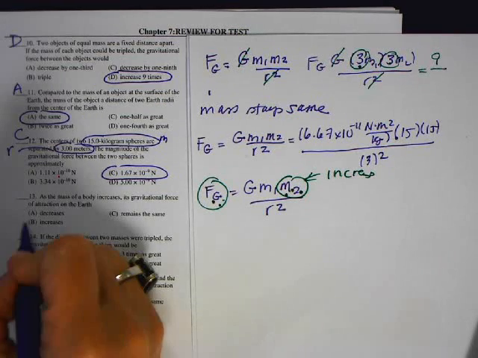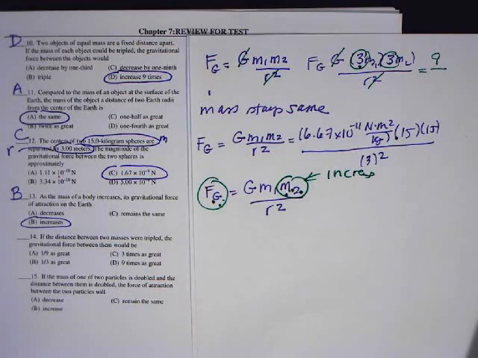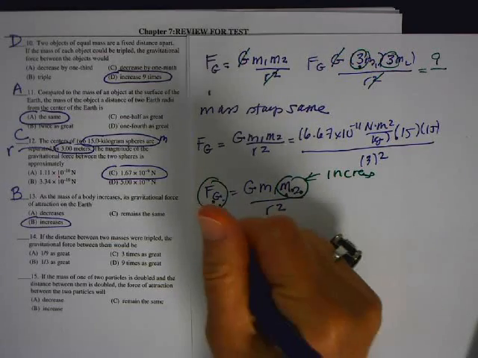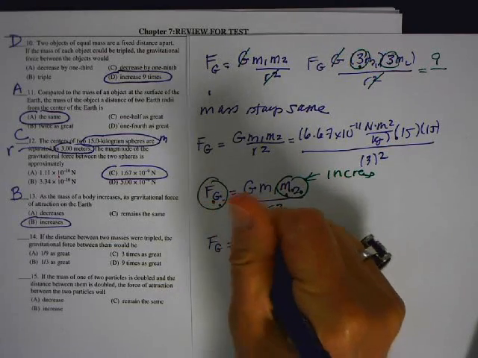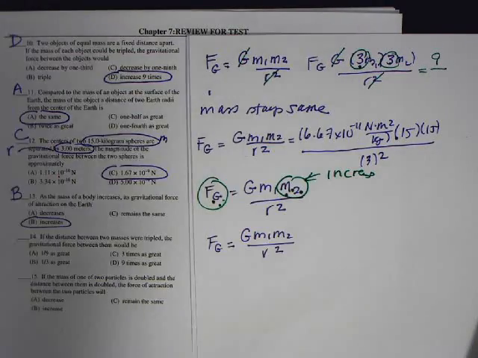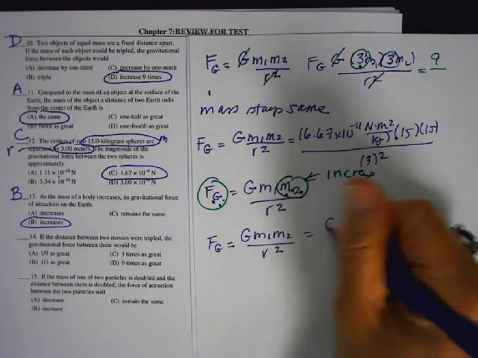Number 14. If the distance between two masses were tripled, the gravitational force. So again, this is the same thing we're doing over and over. F of G is equal to G m1 m2 over r squared. So now it says if the distance were tripled. So it's G m1 m2 over 3r squared.